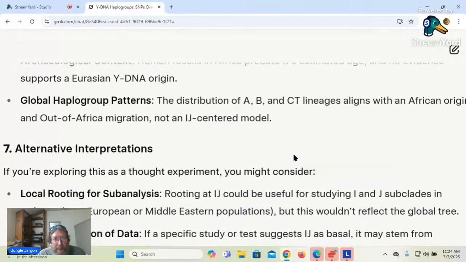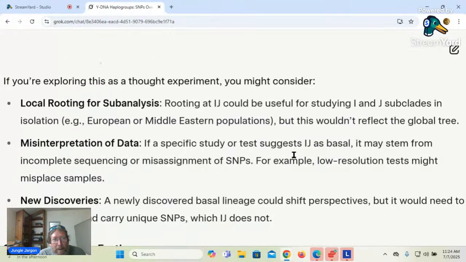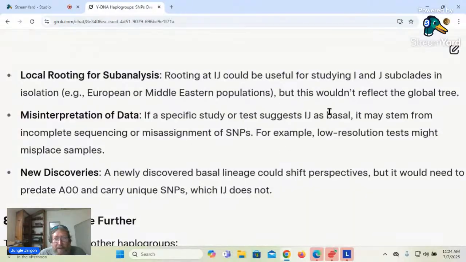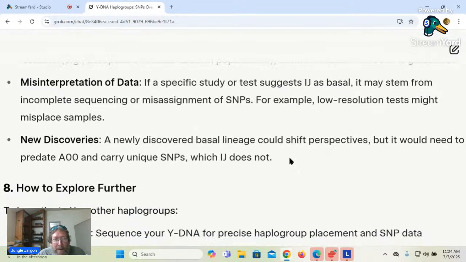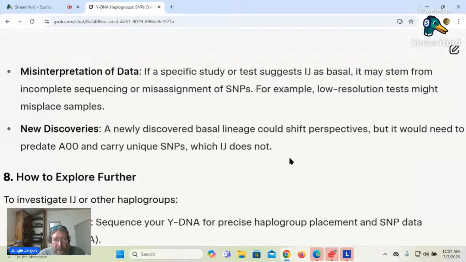Archaeological context. Okay, rooting at IJ could be useful for studying IJ subclades in isolation. No, it has to be. It's the global tree. If you root it, it applies to the global tree. It just means everything's backwards from A to IJ.